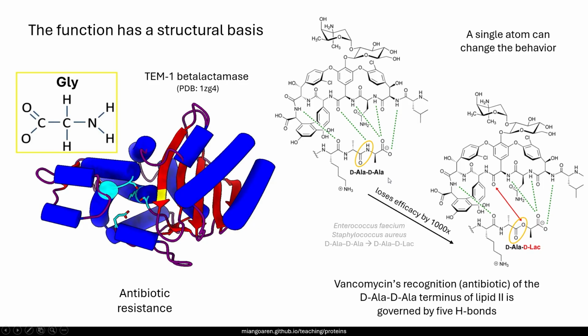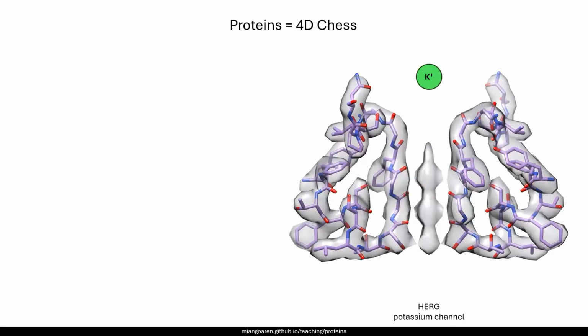That is, just one atom that established a particular interaction, in this case, a hydrogen bond, resulted in the loss of 1,000 times the capacity of the antibiotic in question to eliminate the bacteria, something that really matters to us.